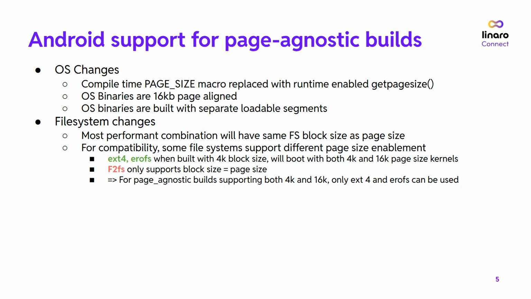For example, on F2FS, the block size should match the kernel page size, while ext4 and EROFS support page size agnostic builds when built with 4K block size. Due to this current state of file systems, it is advisable to stick to ext4 and EROFS for page size agnostic builds at this time.